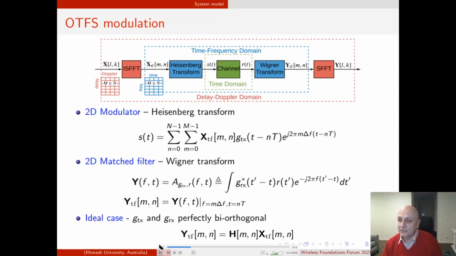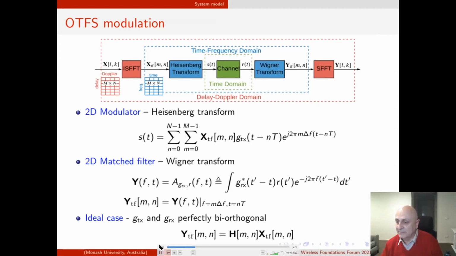These are based on the two pulse-shaping waveforms, GTX and GRX, which, if they are perfectly biorthogonal, that is orthogonal in both time and frequency shifts, then we are in the ideal situation where the input-output relation in the time-frequency domain is very simple.